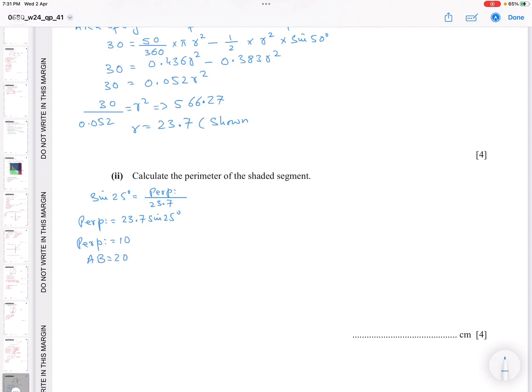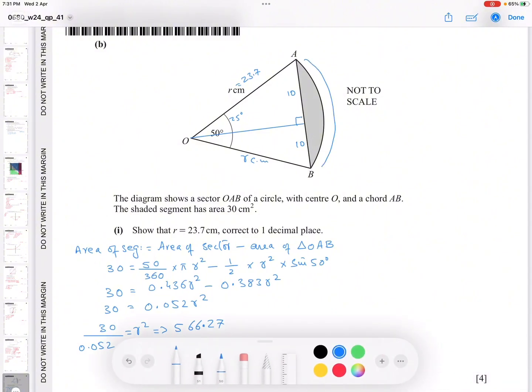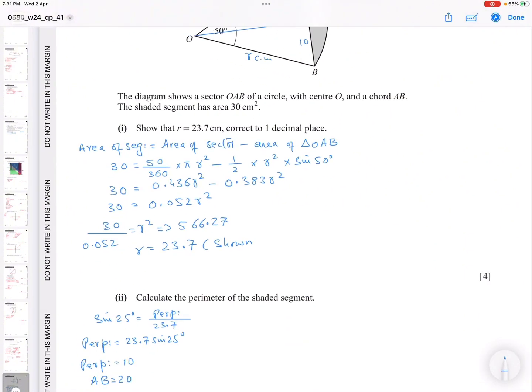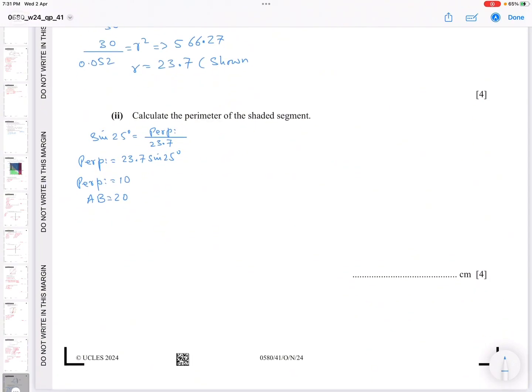Now arc length. Look, this arc length AB, how to get this? The formula says for arc length, theta over 360 times 2 pi r. Theta is 50 over 360 into 2 into pi into r, which is 23.7. So this gives us 20.68.